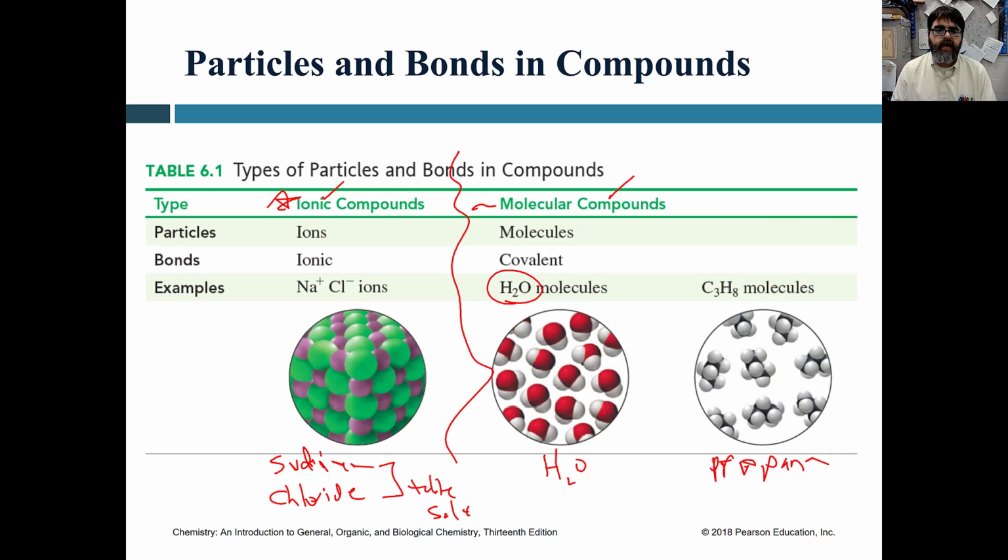But it turns out there's such a thing as polar covalent and nonpolar covalent. And both of these would be molecules involved, or I would describe it as the particles are atoms forming a molecule. But we'll get into polarity later on towards the end of this chapter.